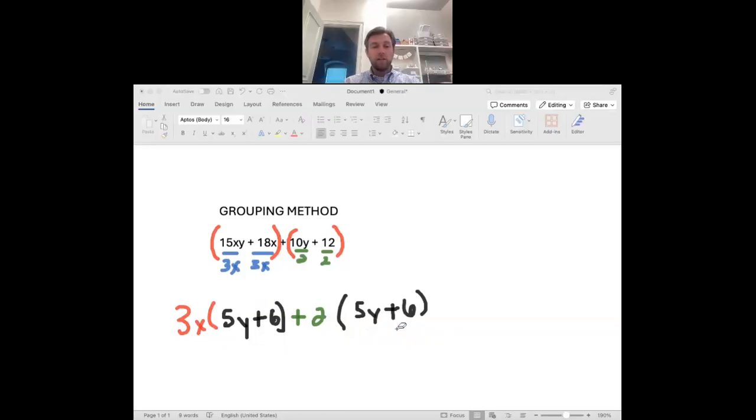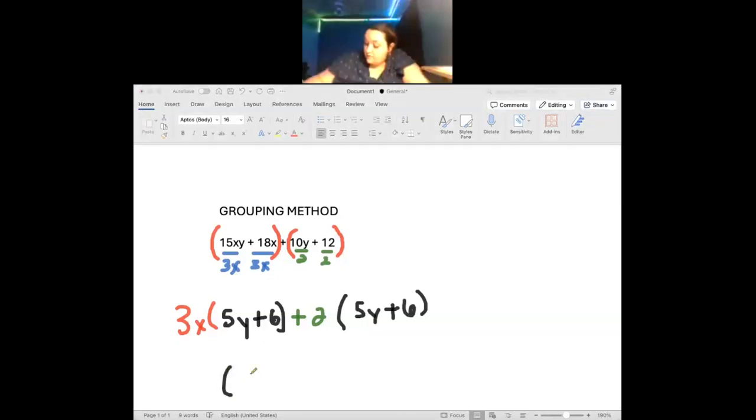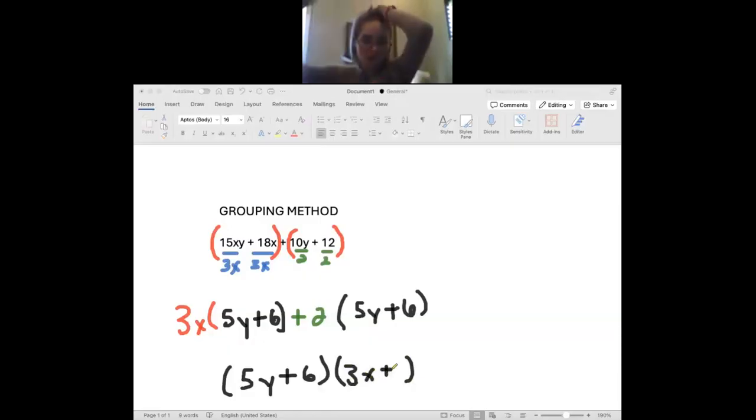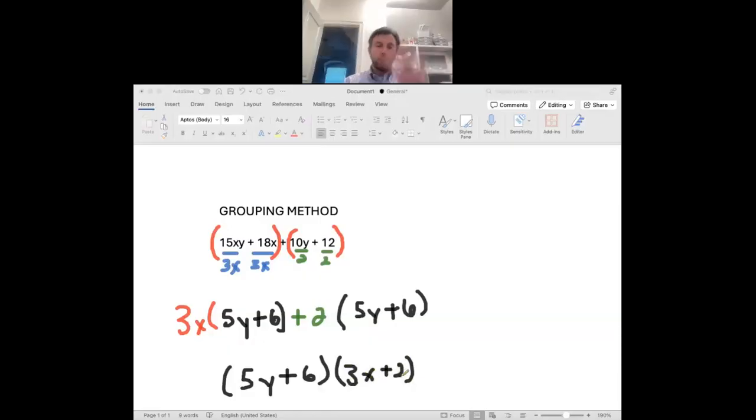What do we get? 5y plus 6 and 3x plus 2, right. And then put the 3x plus 2 in front, in the other one. And by the way, you could write it 3x plus 2 times 5y plus 6. Well, voila, look at that.